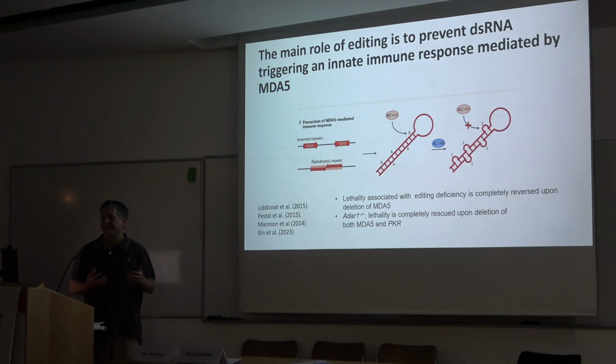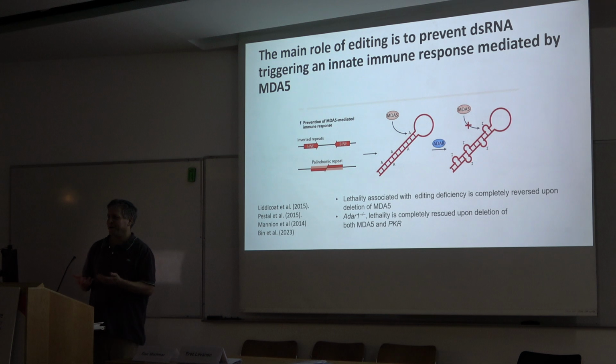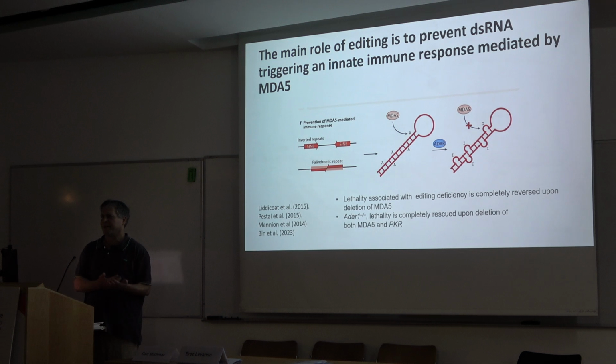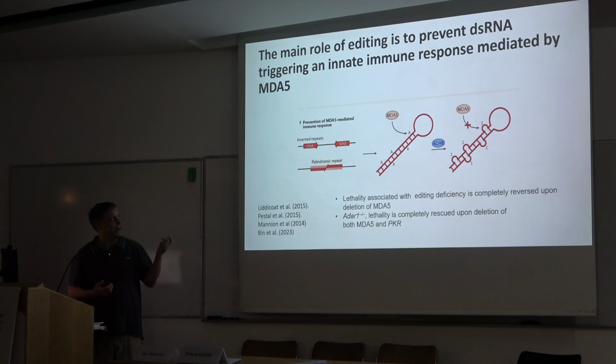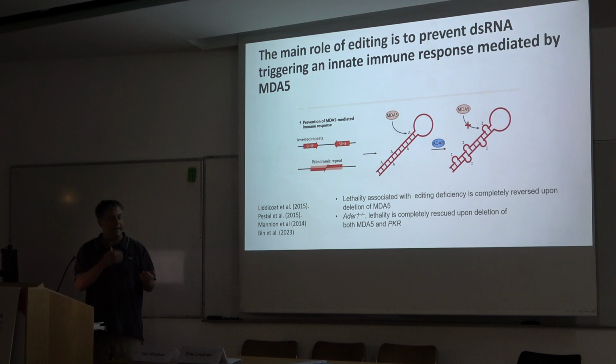And this is very dangerous if it's derived from endogenous double-strand RNA. We understand that double-strand RNA is a hallmark of many viruses, but many RNAs in our genome have this double-strand RNA structure. Therefore editing, already in the nucleus, recognizes endogenous double-strand RNA and edits it, and by that avoids the false activation of MDA5 recognition.